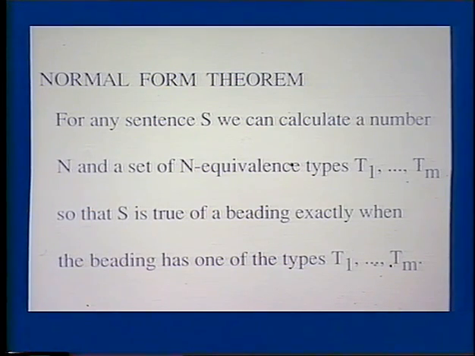Now you see, this is back to Hilbert's ideas that we were talking about in the first half of my talk. We've written down a mathematical sentence in a formal language so that we can do mathematical calculations on it. And Fraïssé's result here says that from the sentence we can calculate a number n such that we can tell whether that sentence is true of a beading by telling the n equivalence type of the beading.